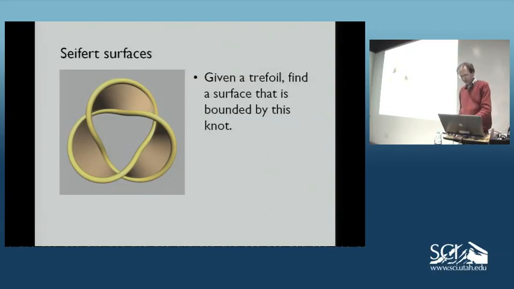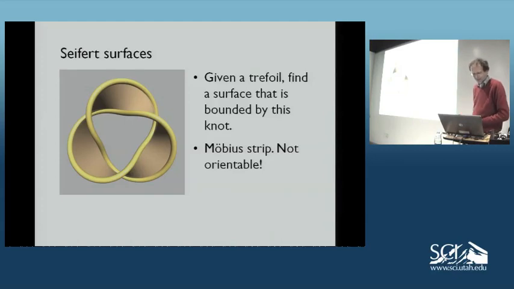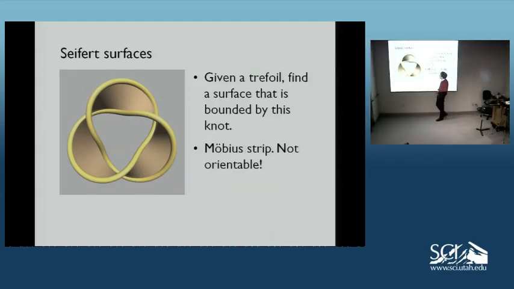But it's not a really nice surface. It's a kind of Möbius surface, which cannot be oriented. Suppose this is front and this is back. This is front and this is back, but we started with front, so something funny going on.